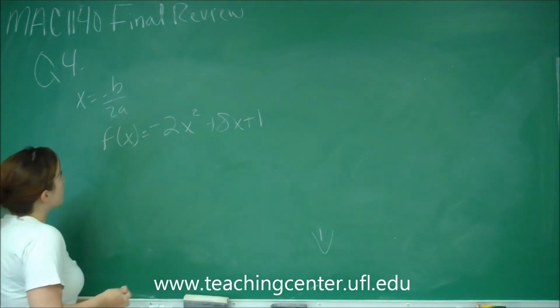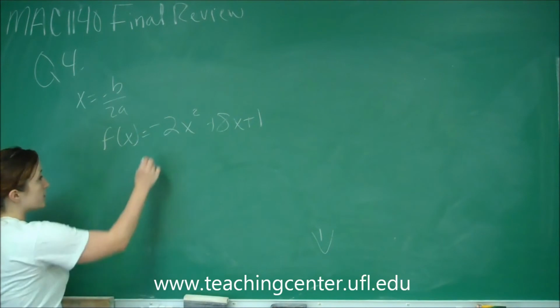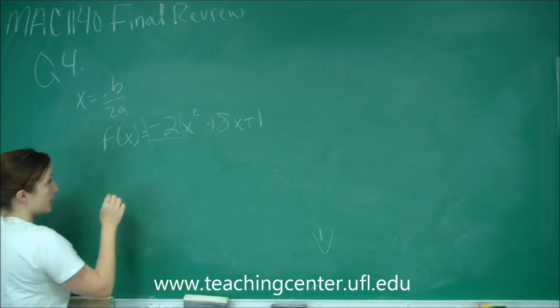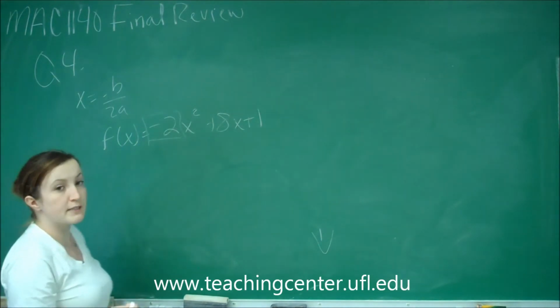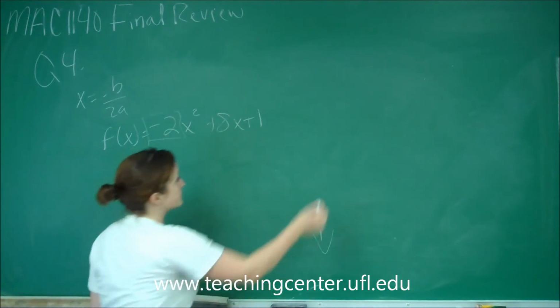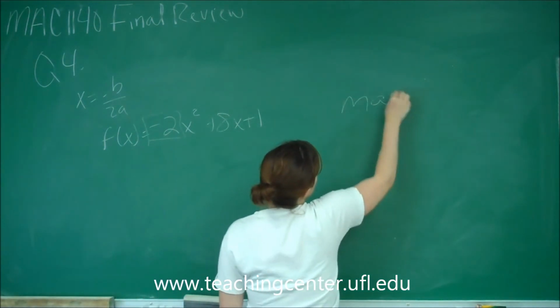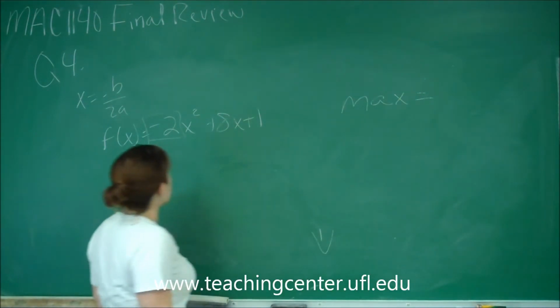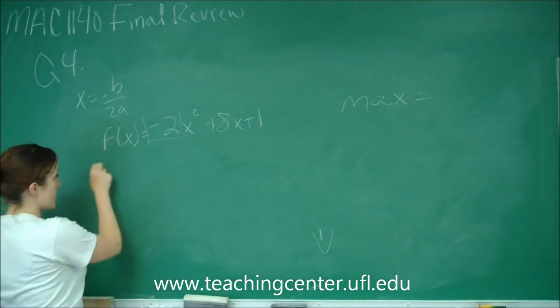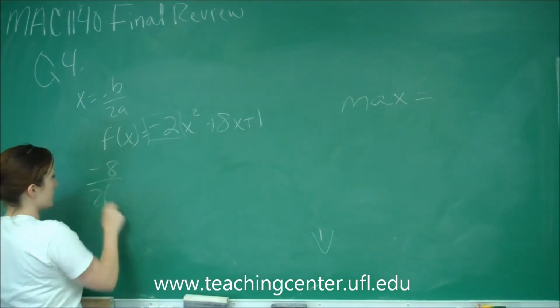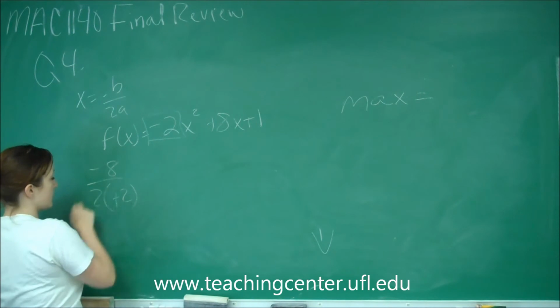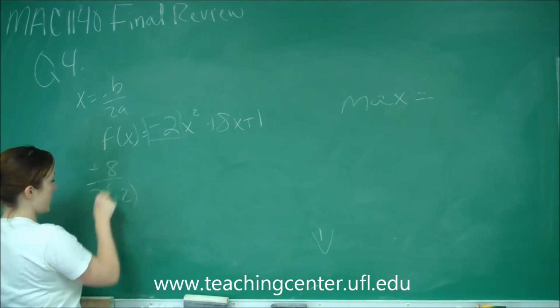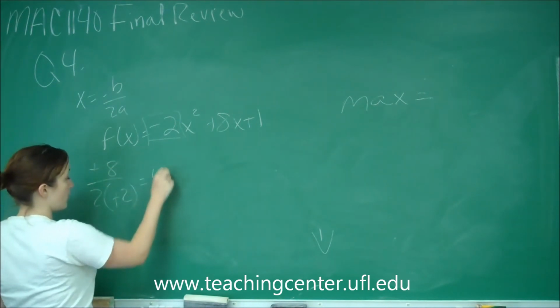So again, we can find our vertex. I know it's going to be a downward facing parabola, so I know at my vertex it's going to be a maximum. And I can find my vertex by doing negative b, so negative 8 over 2 times negative 2. So that's positive, so we have 8 over 4.